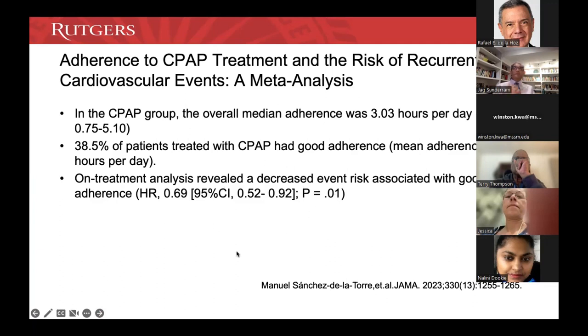And this has always been the argument we have made: if somebody is using a treatment for less than half the time they are required to use it, how do you expect a response to the treatment? So this data shows that the more adherent somebody is, there are actually benefits from using the device.